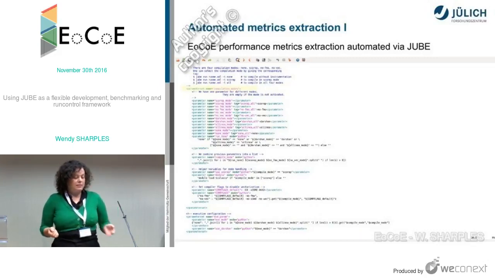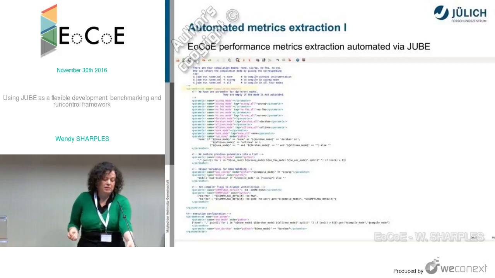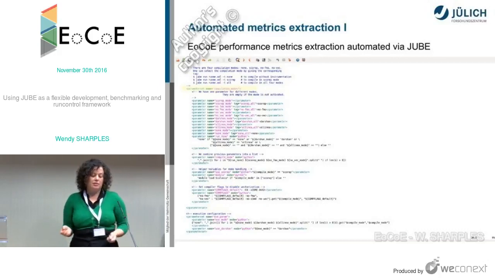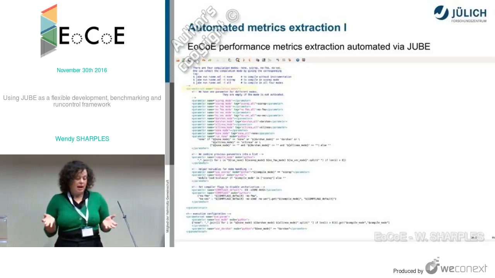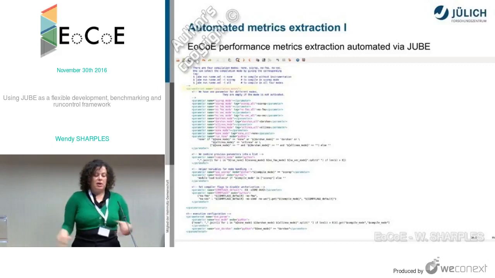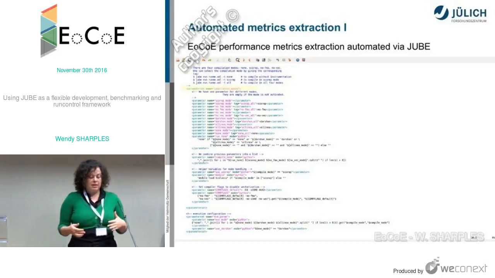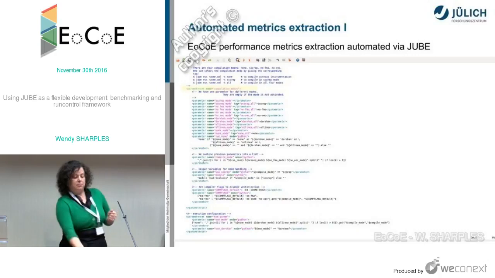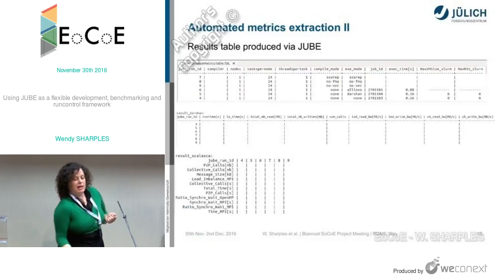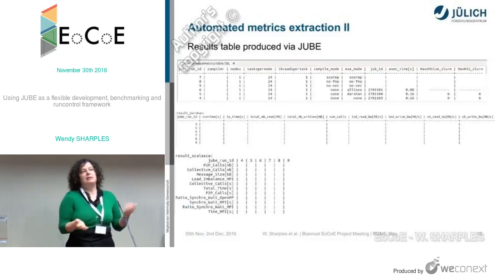And these are the various compilation modes. So according to the different code diary performance metrics parameters, you can either just run all at once or you can run them separately, and then it builds a table. This is just an example of the table that's produced.